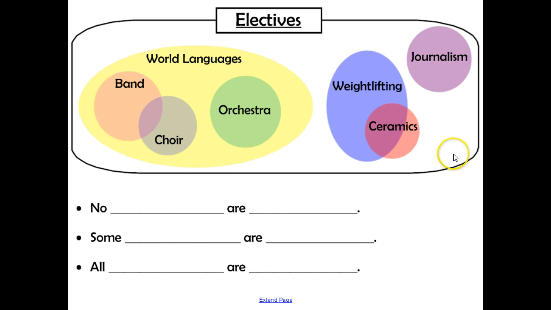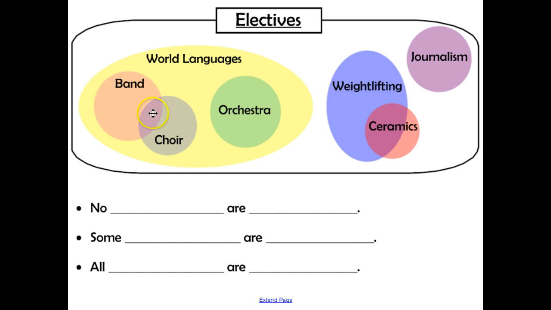Now, in the examples we worked with today, we're talking about electives at school, and you know what all of these categories are. However, sometimes you're going to get examples of Venn diagrams with things that you might not know what they are. I could have just as easily named these Willywomps and Zorps and Orgos, and just made up names for any of these.